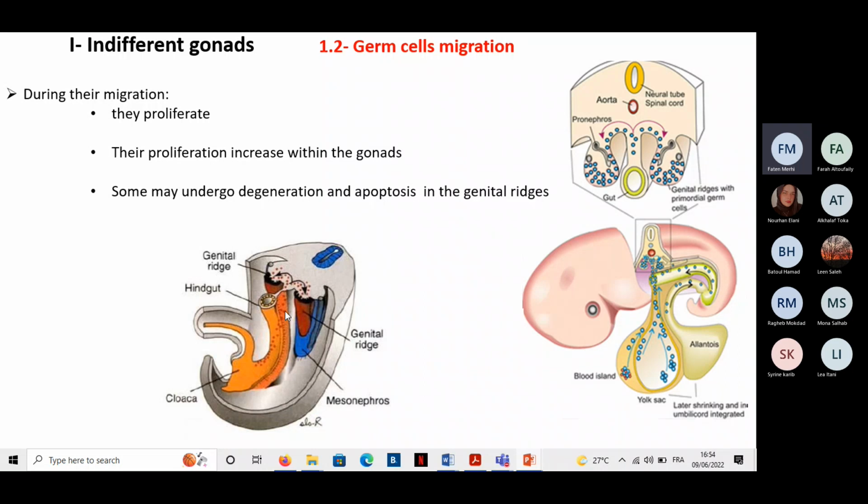But some of them will die during the migration, okay, and in the genital ridges. So not all of them will keep on proliferating. Some of them will undergo degeneration and apoptosis, and the other part will keep on proliferating.